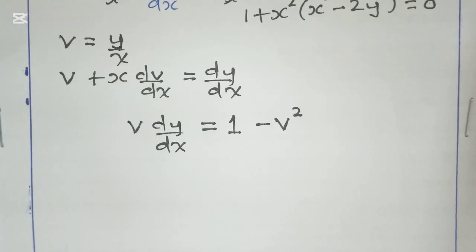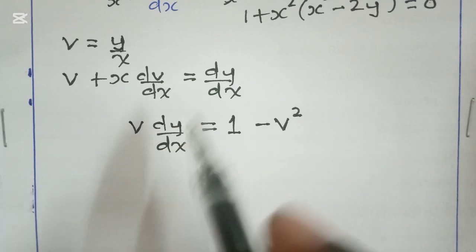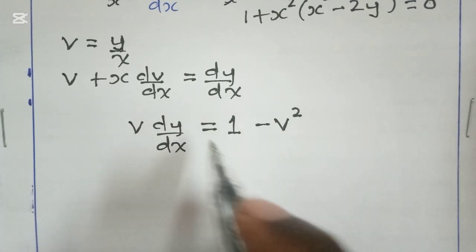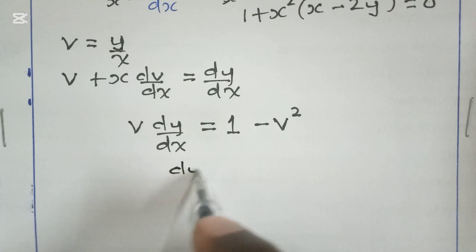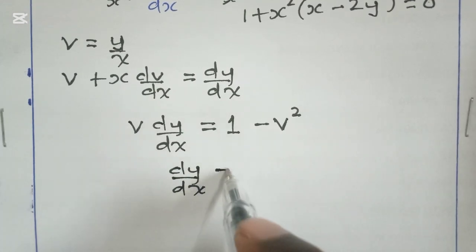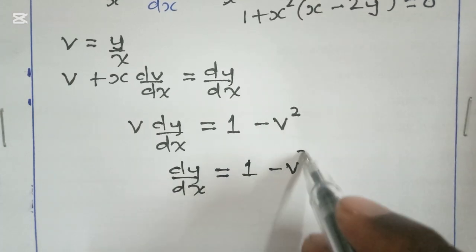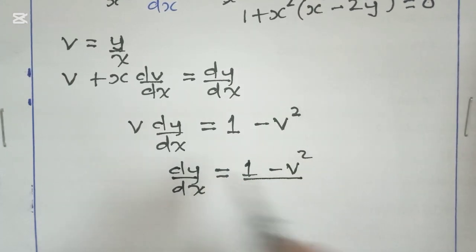And then before I substitute for dy dx, I can say dy all over dx is equal to 1 minus v squared divided by v, like that.